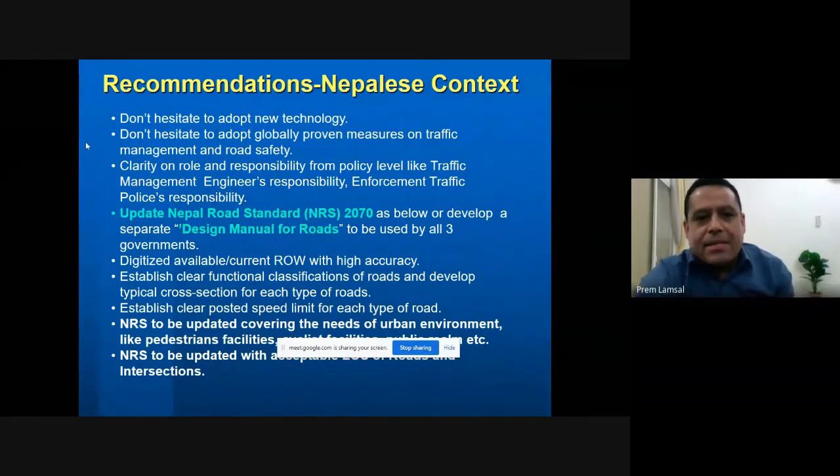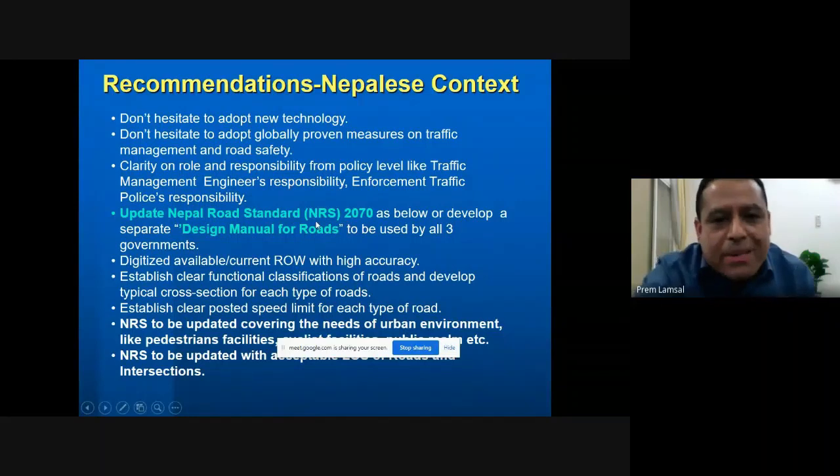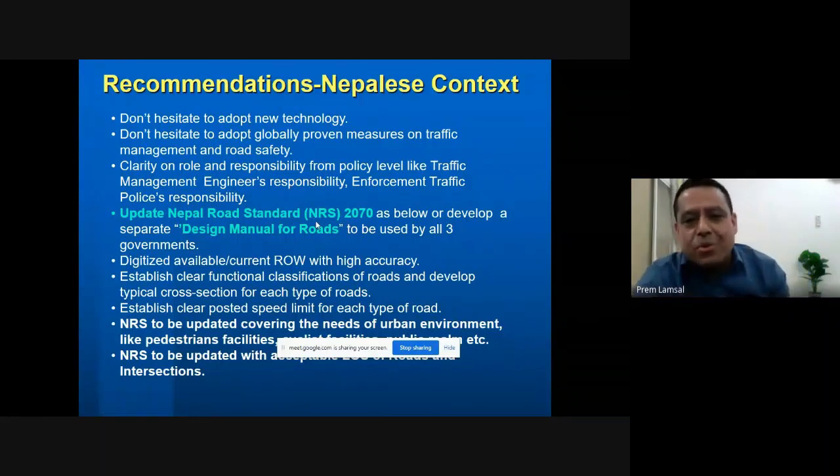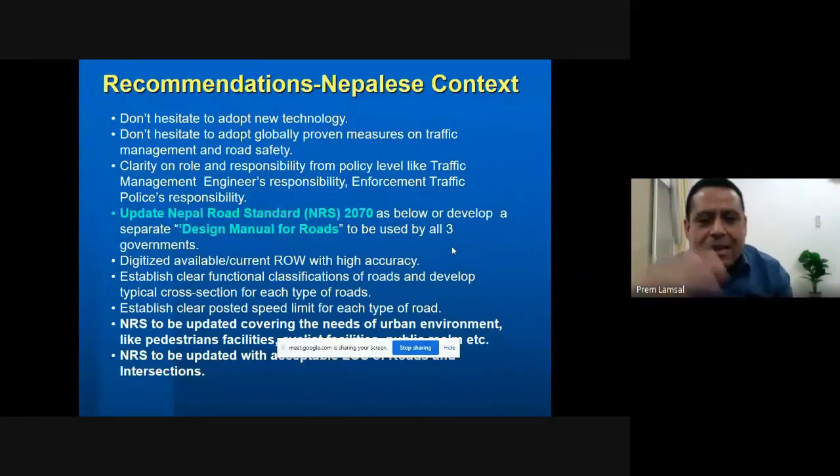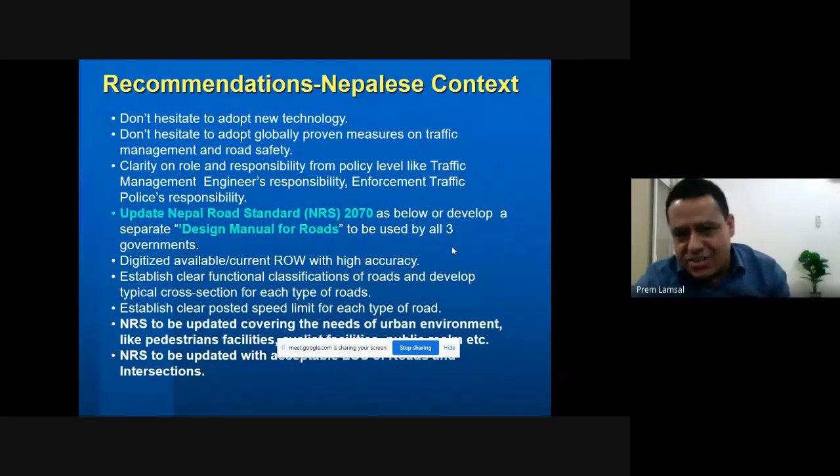Another recommendation is to update the Nepal Standard 2070 as below, or prepare a separate design manual for roads to be used by all three governments: the central level, federal level, and local levels. Nowadays, lots of roads are built by the municipalities and local governments without any proper engineering, and you can see the result during this rainy season.